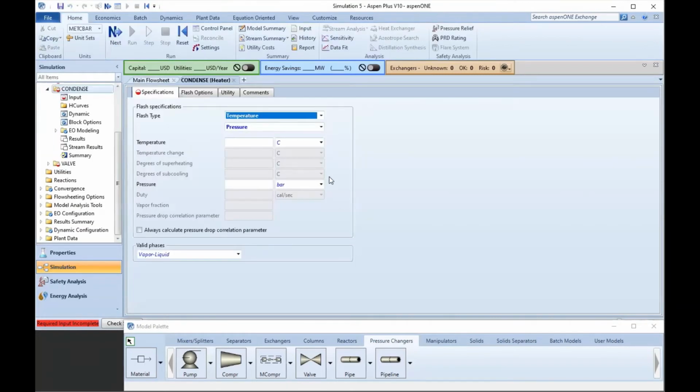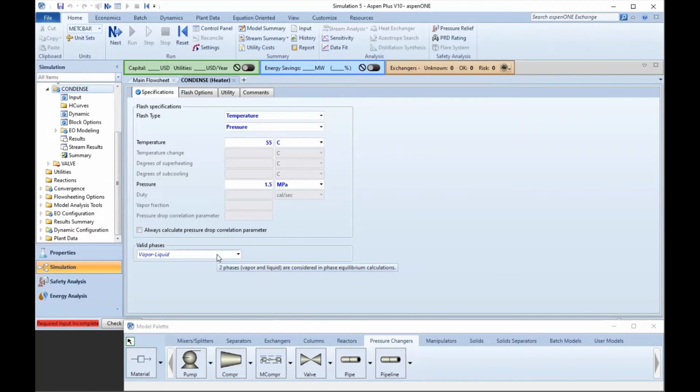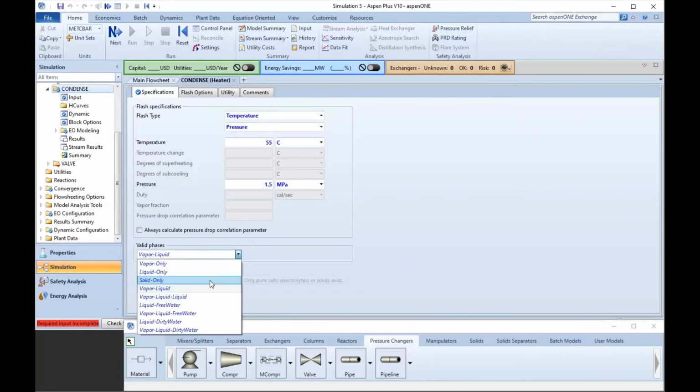So first we can start by clicking on the condenser unit and inputting the specification. So we're given that the condenser runs at 55 degrees Celsius, and then using a Mollier diagram we can find that the pressure is 1.5 megapascals. And because we know that the outlet of the condenser is a saturated liquid, we can change the valid phases to liquid only.